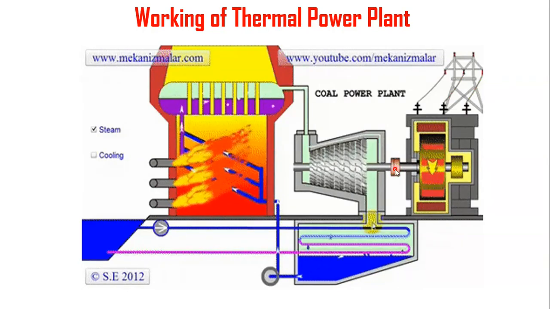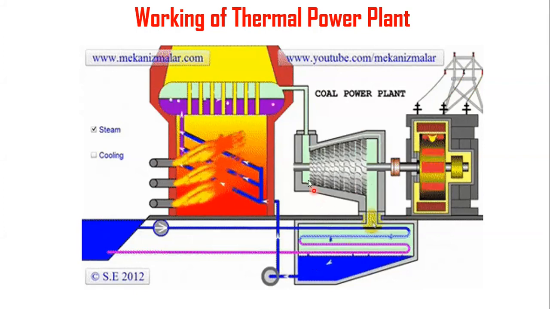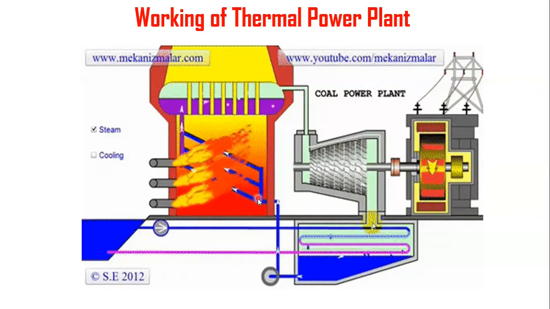The alternator shaft is coupled to the steam turbine, so if the steam turbine rotates, then the alternator also rotates. The steam coming from this steam turbine is again condensed. This is a condenser. Here the water vapor is converted into water and fed back to the boiler. Like this it is reutilized.